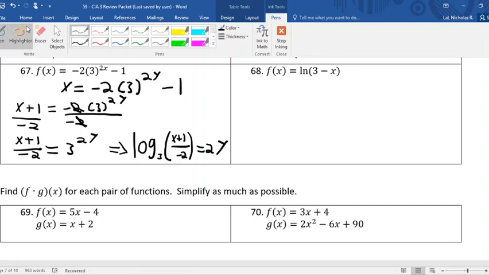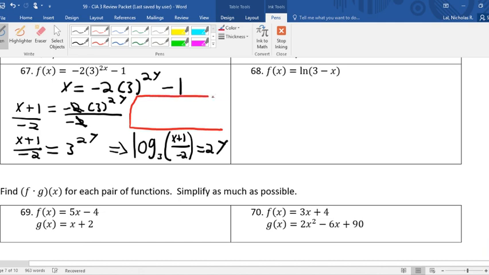So that means that to figure our final answer, the inverse of f of x, f to the negative 1 of x, is going to be the log base 3 of x plus 1 over negative 2, divided by 2. That's the inverse. So that's 67.